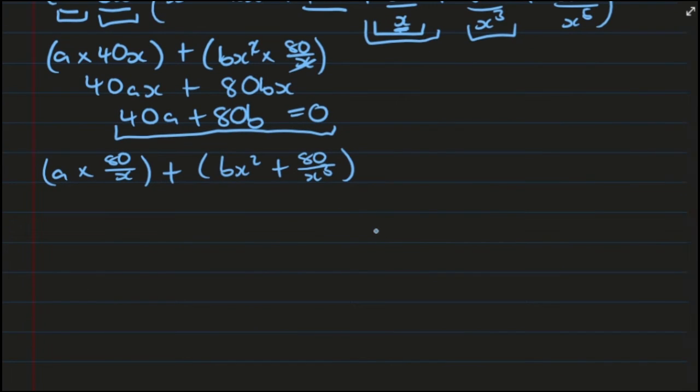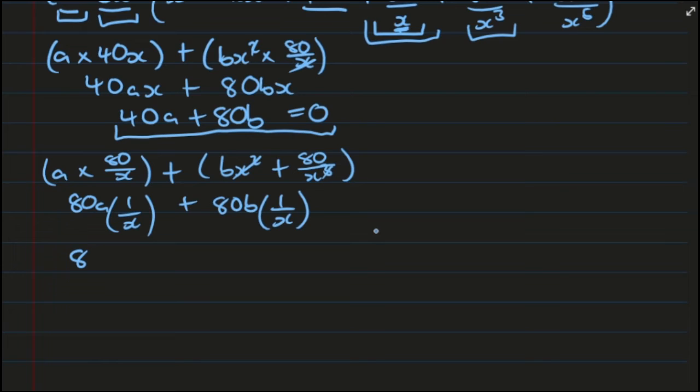Let's simplify. This becomes 80a times 1 over x plus, in this case the x squared cancels out, so that 3 also cancels out, and you end up with 80b times 1 over x. And we're told that the coefficient of 1 over x is 80.